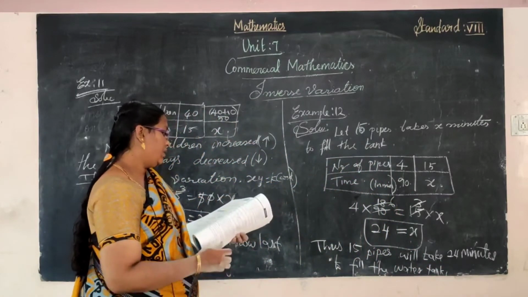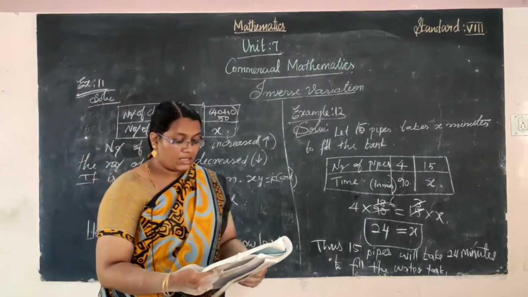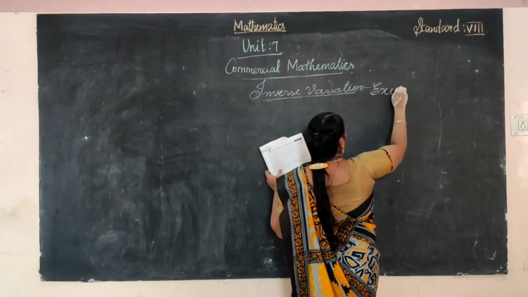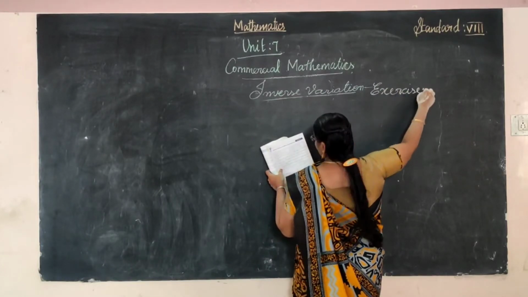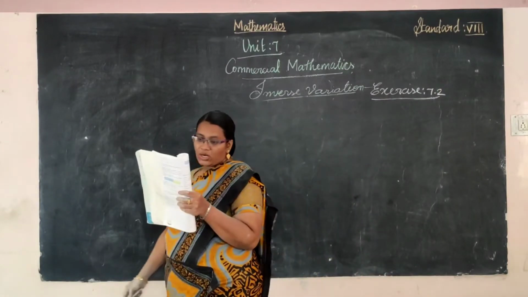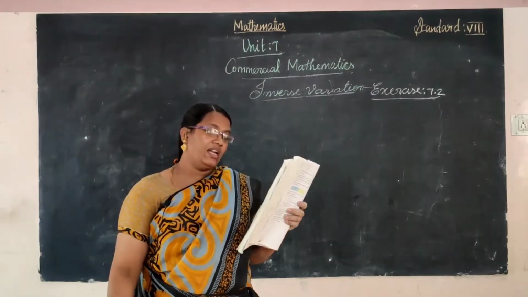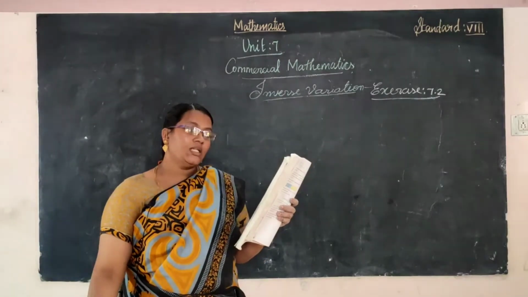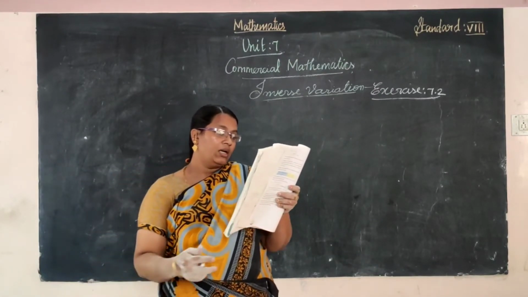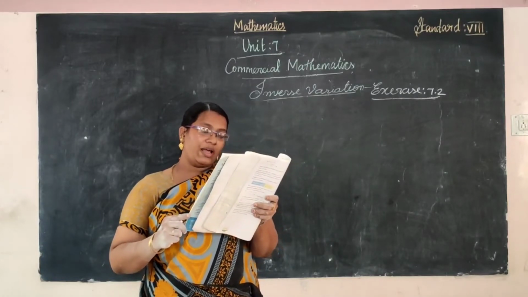Okay, right. Now the example problems are completed. Now see exercise 7.2. The first one: if x and y vary inversely with each other, then find the value of the missing numbers in the given table. So you have to complete it as homework. And the second one: 3 people can plaster a wall in 4 days.